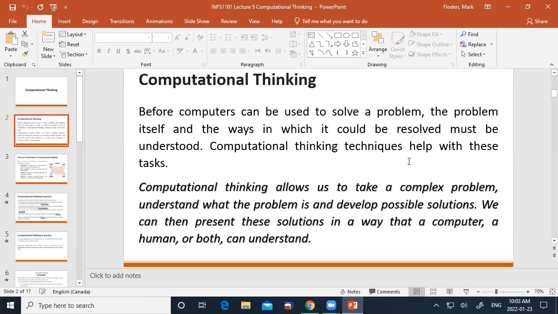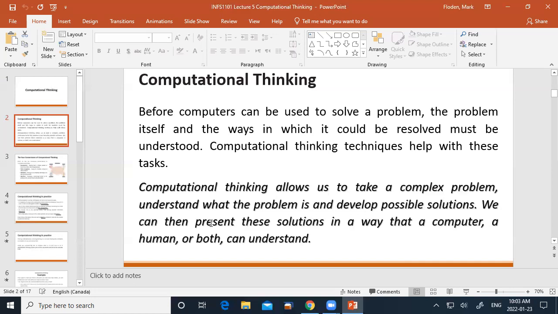It allows us to take a complex problem. The first point there is understand the problem, and then come up with possible solutions, and present these solutions in a way that a computer or a human could be used to solve the problem.